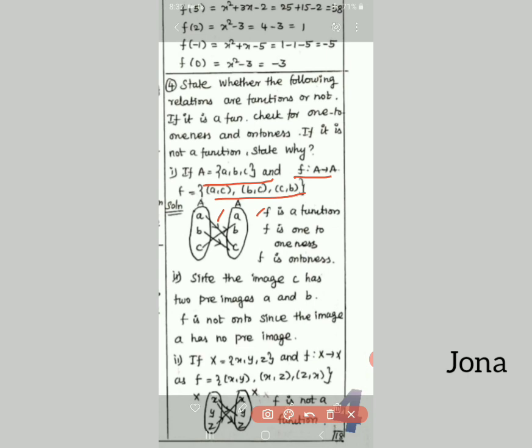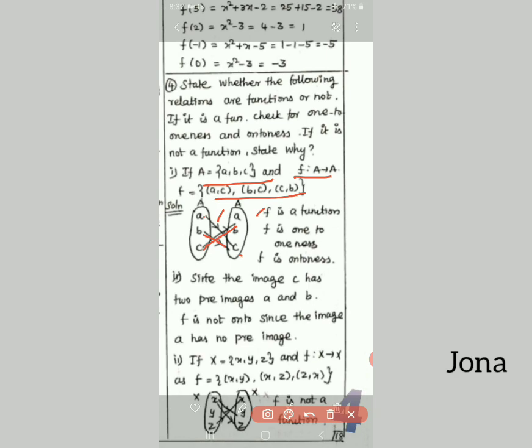The given relations are a comma c, so I can draw from a to c, and then from b to c, and then c to b. Now look at the set A. Each element in set A has a relation, all the elements have the relation, isn't it?